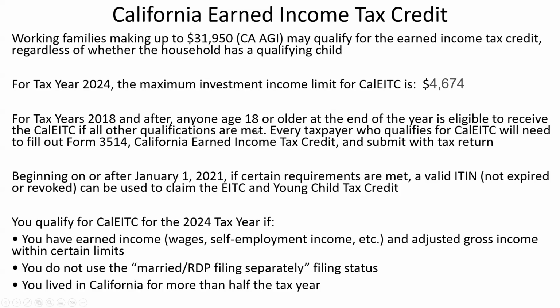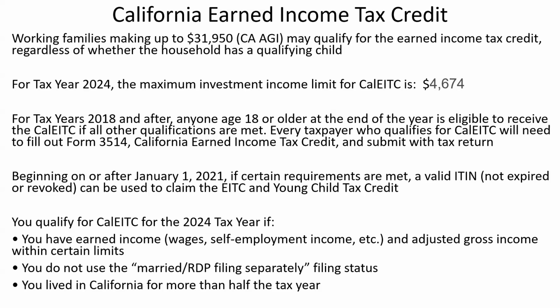And then this third item is a little bit different, because again, this is California now. It's a little bit different than the federal side of the house. You can actually be eligible for California EITC when you're 18 years of age. And so if you're 18 and self-employed, or let's say you are 18 and you have earned income from a job, and you meet the other qualifications for California, you can get the California EITC.